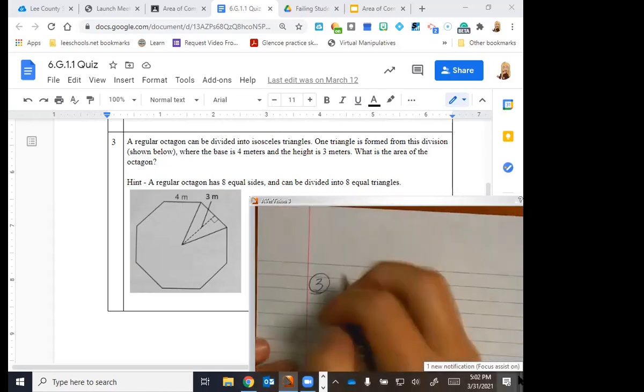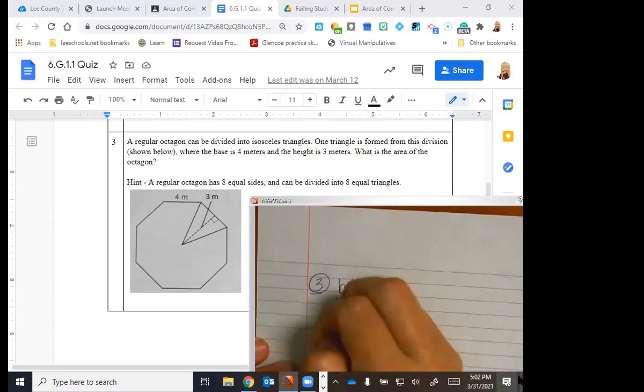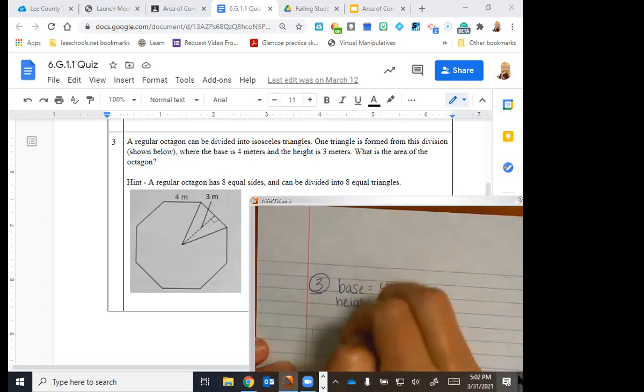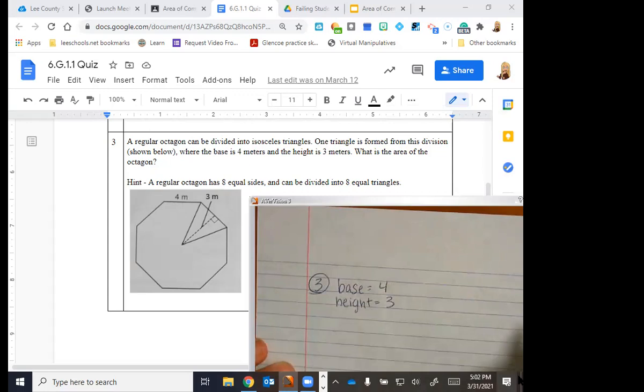Guys, they just told you the base is 4 and the height is 3. What is the area of the octagon? Then it says, hint, a regular octagon has 8 equal sides, which can be divided into 8 equal triangles. So I have 8 triangles that have a base of 4 and a height of 3.